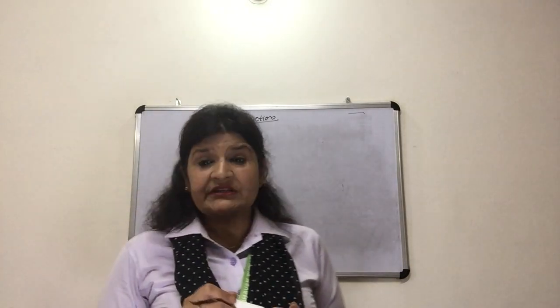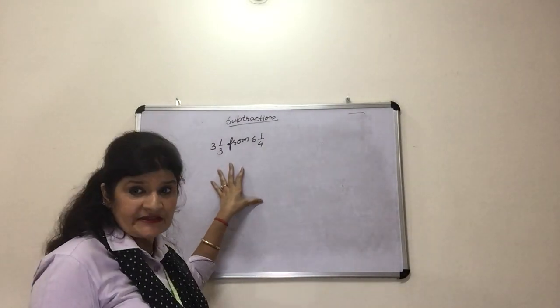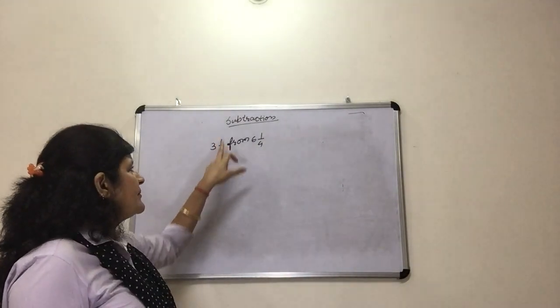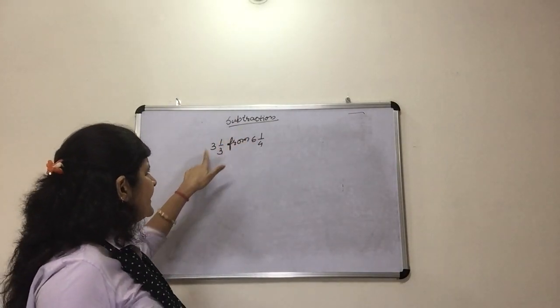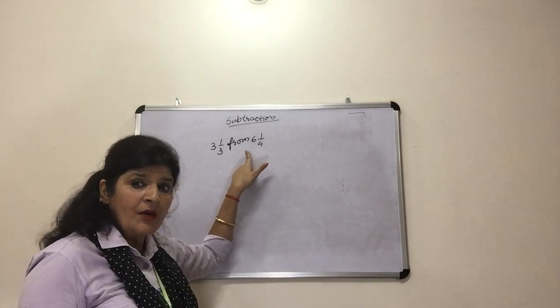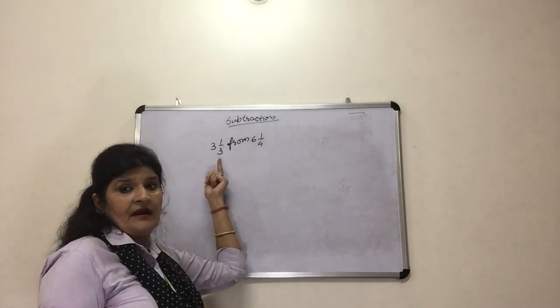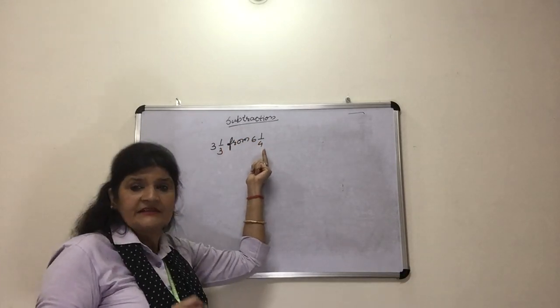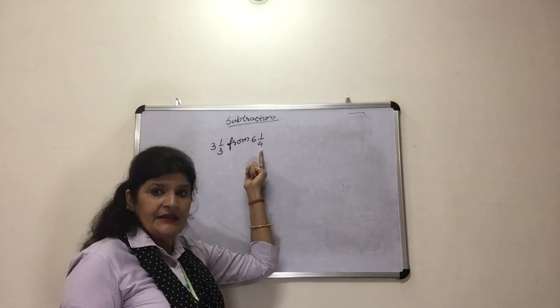So one thing which I want to make very clear, that usually the students make mistakes here. The question is, subtract 3 1 by 3 from 6 1 by 4. You have to subtract this number from this. It means that this is the bigger number. So this is the minuend, you can say.